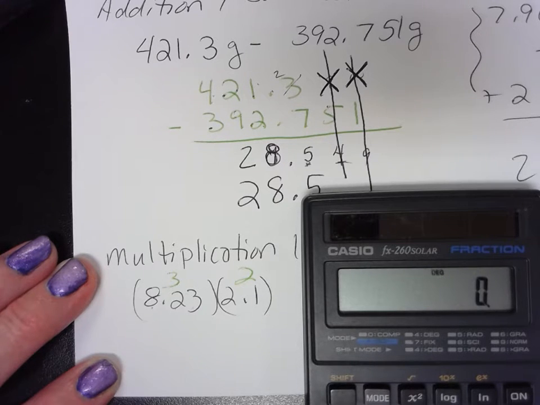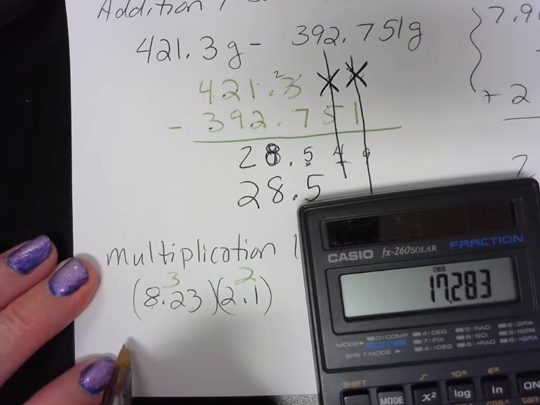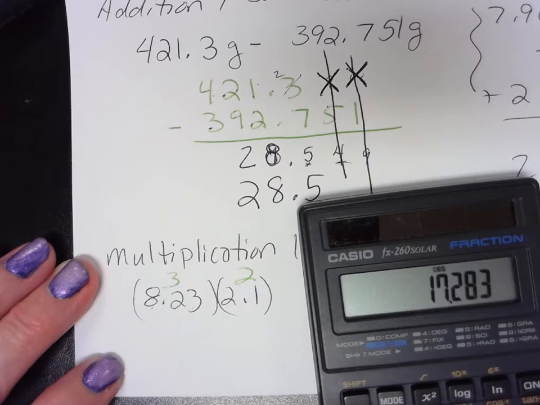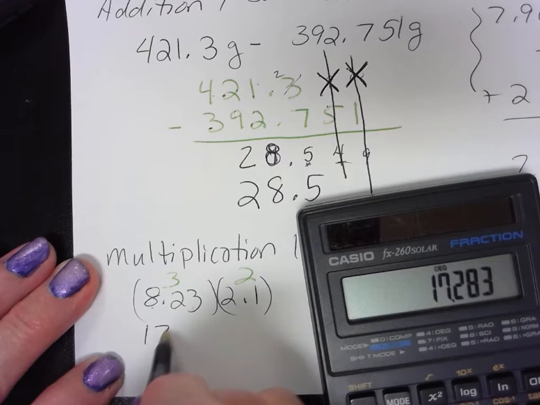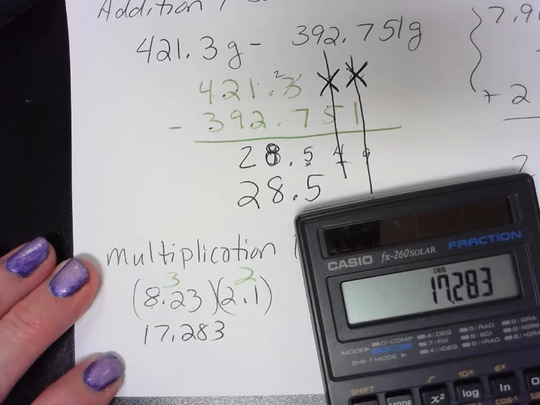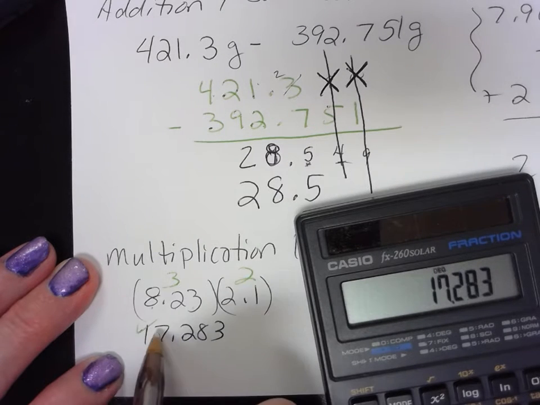So we've got 8.23 times 2.1, and my whole answer is 17.283. I can only keep 2. I can keep this one, and I can keep that one. So I'm going to round it to 17.